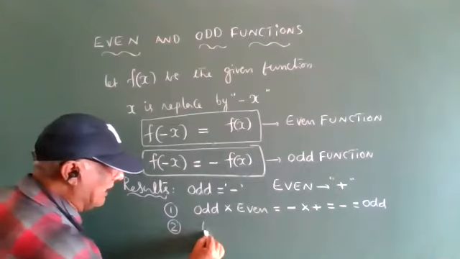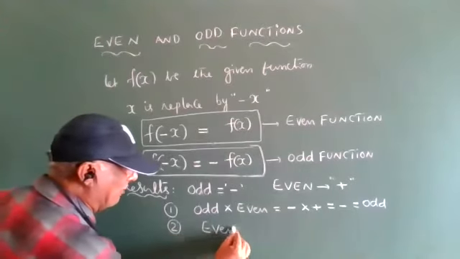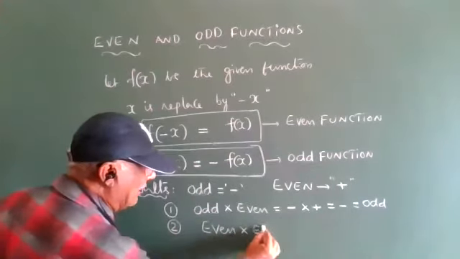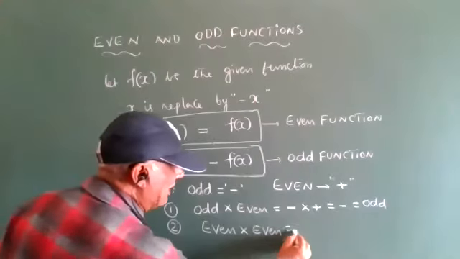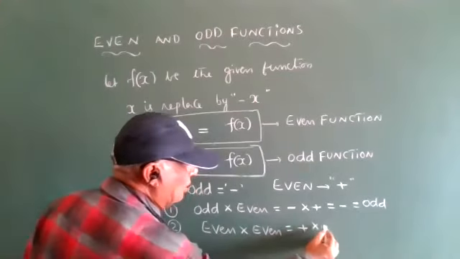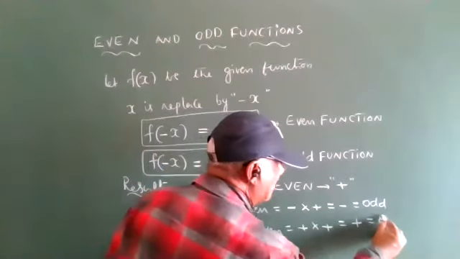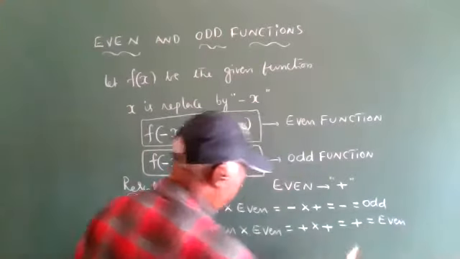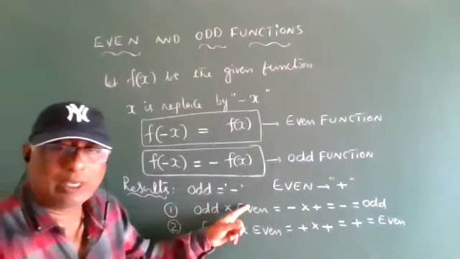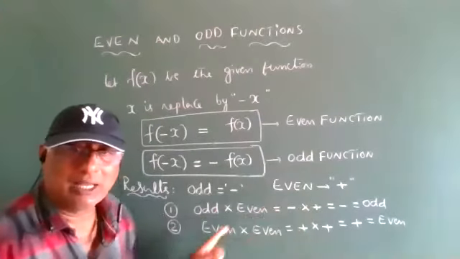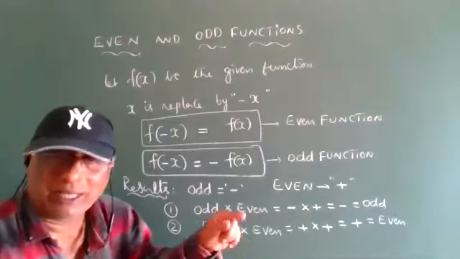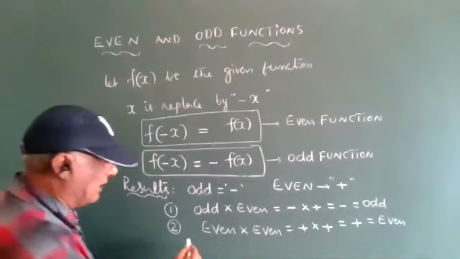The second one: even into even is positive into positive, which is positive. Positive means even function. Even into even is an even function.